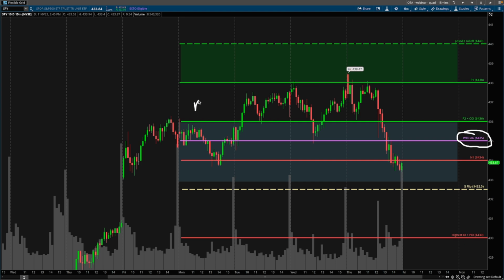So this is Monday all the way to Friday, all of the expirations combined. At the start of the week, this was the strike price that had the highest absolute gamma.